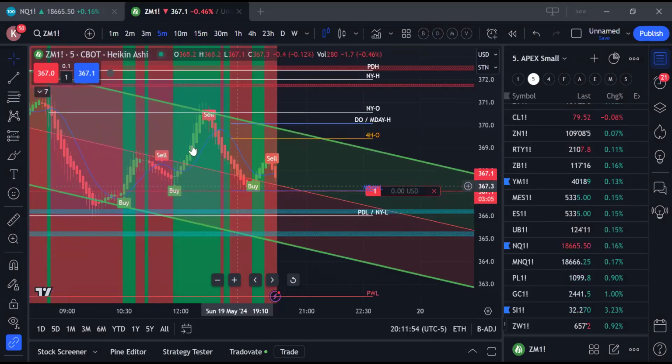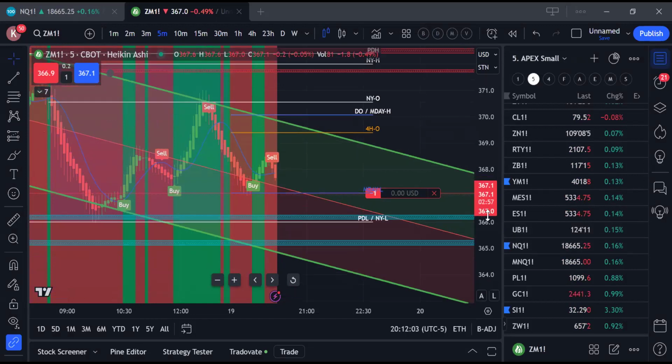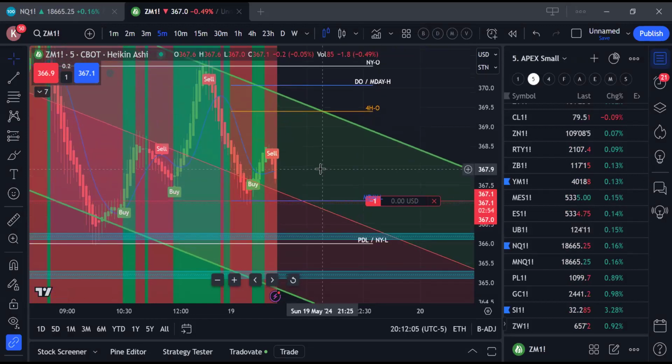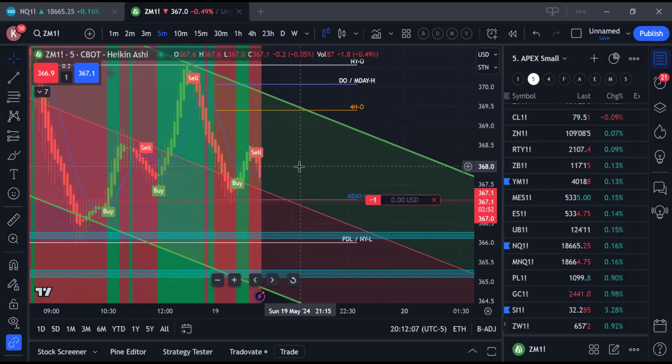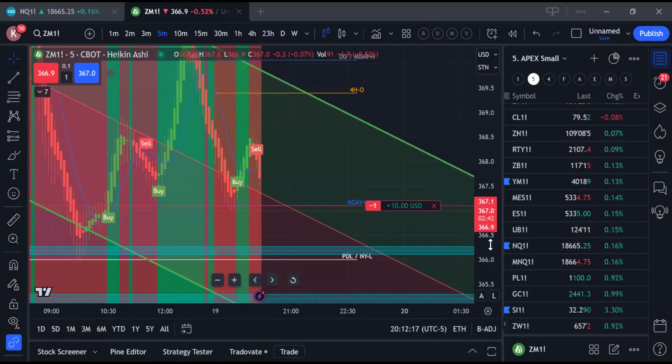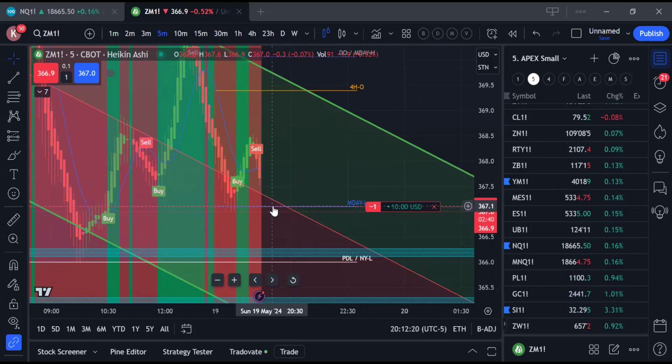Okay. Yeah, but still, it went up to the top of the channel, came down, then a small pullback. There is a potential for it to go to this, or it may touch the Monday low.